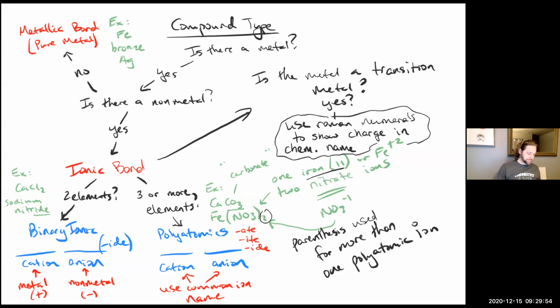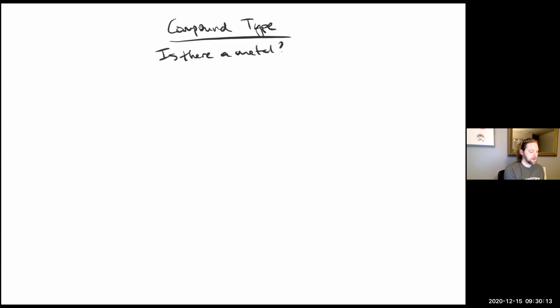And then we'll go ahead and clear all this and re-ask the question, is there a metal? And if the answer is no, let's talk about covalent compounds.